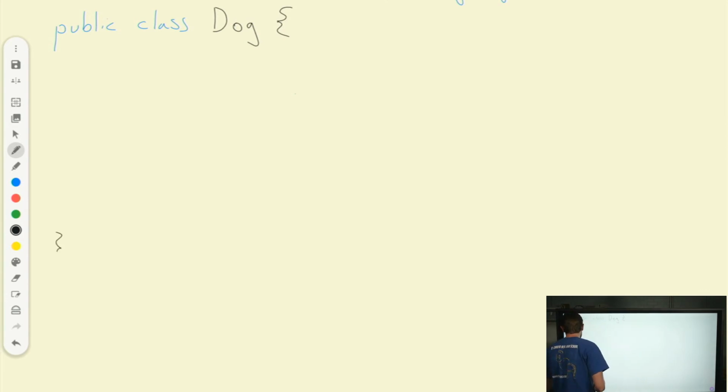We can close our class here. Now, this is the beginning of our class, and now we can define our methods and the fields, all the stuff that we need for our dog in here.